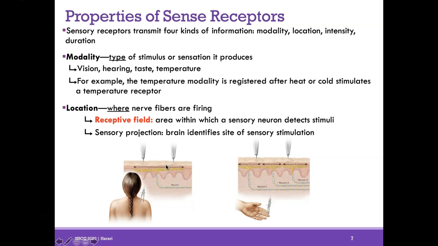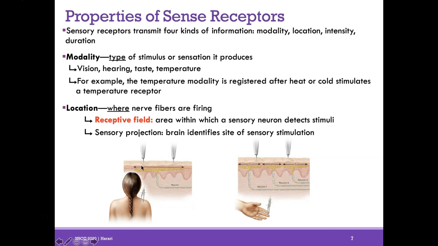I want you to think about this: if you were pricked with 2 points, and this is one neuron over here, how would you perceive that? What would your brain tell you is happening if 2 points are hitting this one neuron? This is one receptive field.